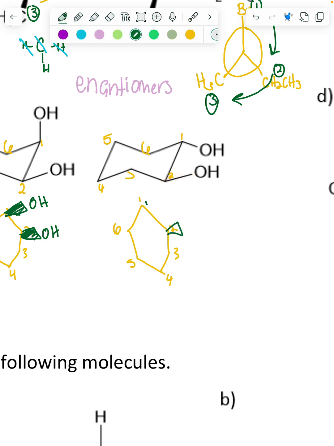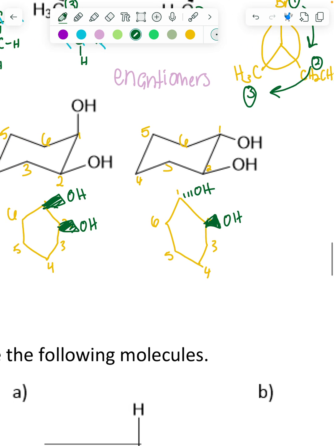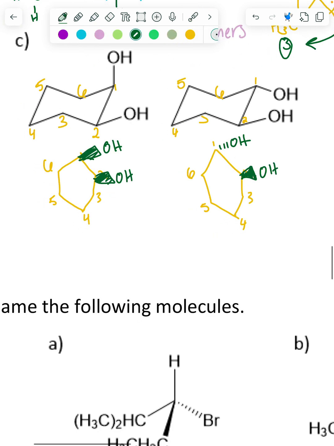So that's what this molecule is going to look like. And we know that diastereomers is when you change one bond. So you change one bond from a wedge to a dash or a dash to a wedge, which is exactly what we did, because this stays the same. They're both wedges, but these are different, because this is a wedge and this is a dash. So that makes these diastereomers.